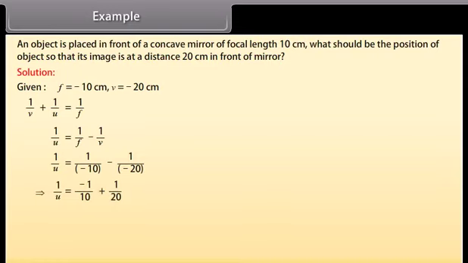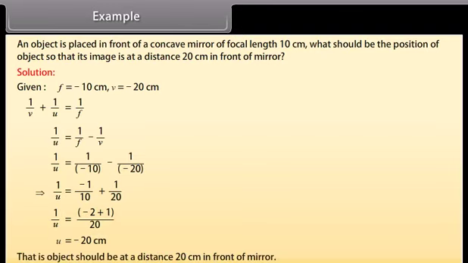It implies 1 by u is equal to minus 1 by 10 plus 1 by 20. 1 by u is equal to minus 2 plus 1 by 20. u is equal to minus 20 centimeters. That is, the object should be at a distance 20 centimeters in front of the mirror.